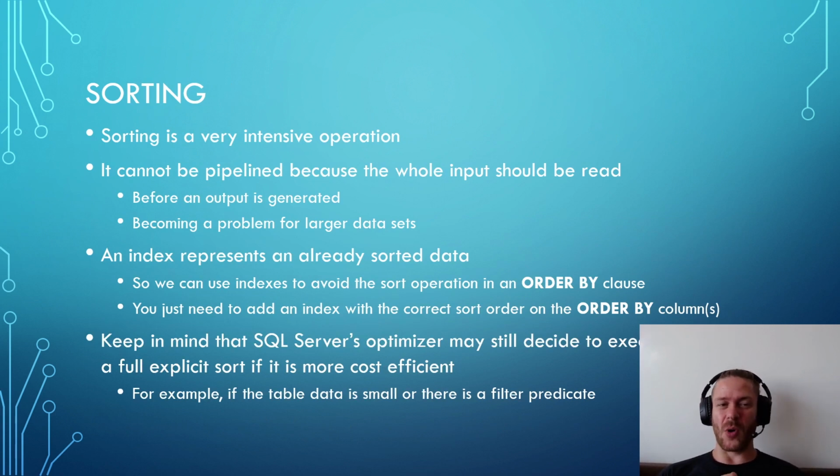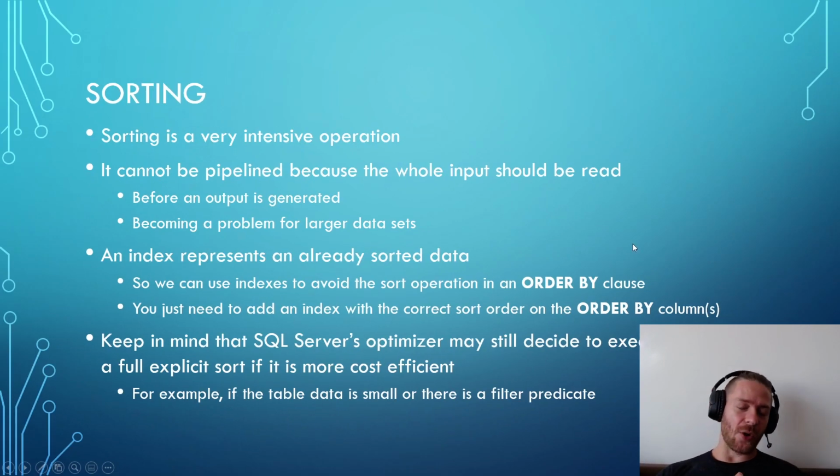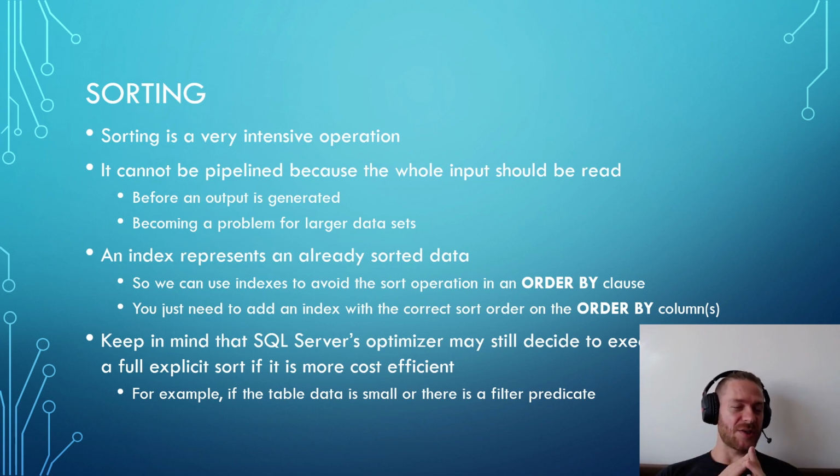Let's talk more about sorting, and I'm talking about the order by clause. First, sorting is super intense. Sorting is expensive because even the fastest algorithm produces n log n complexity.